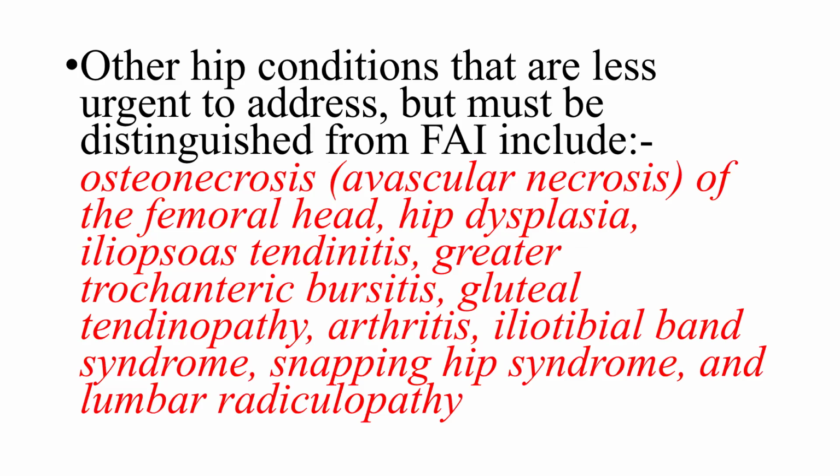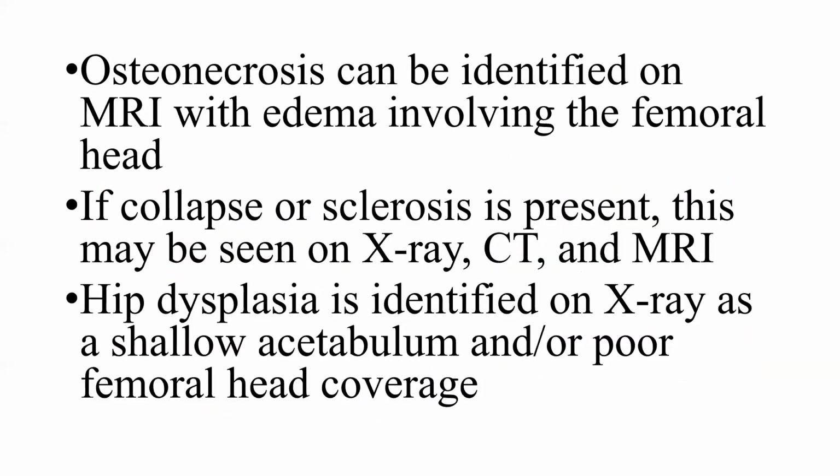All these you should keep in mind. Osteonecrosis can be identified on MRI with edema involving the femoral head. If collapse or sclerosis is present, this may be seen on X-ray, CT, and MRI.